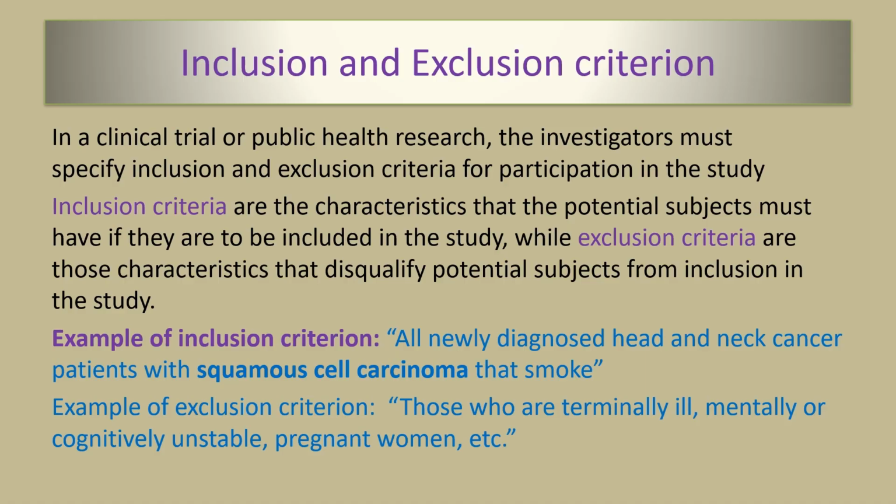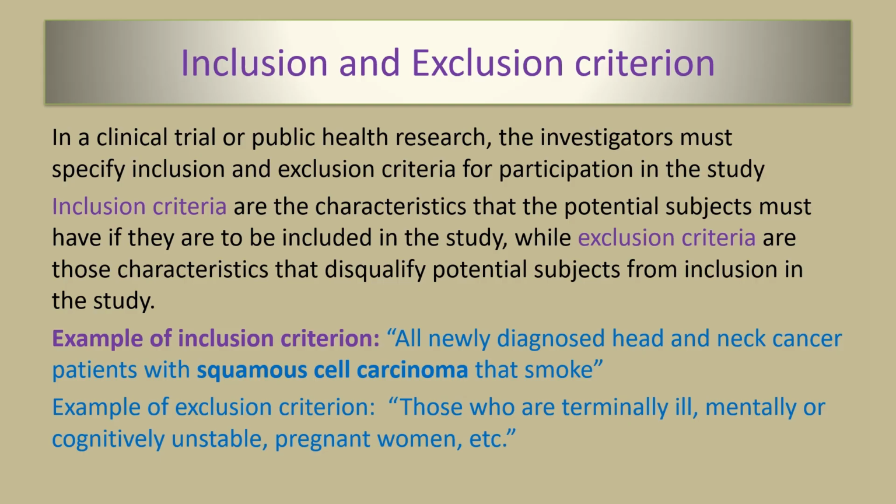Inclusion and exclusion criteria. In a clinical trial or a public health research, the investigator must specify inclusion and exclusion criteria for participation in the study. The inclusion criteria are the characteristics that the potential subject must have if they are to be included in the study, while exclusion criteria are those characteristics that disqualify potential subjects from inclusion in the study.